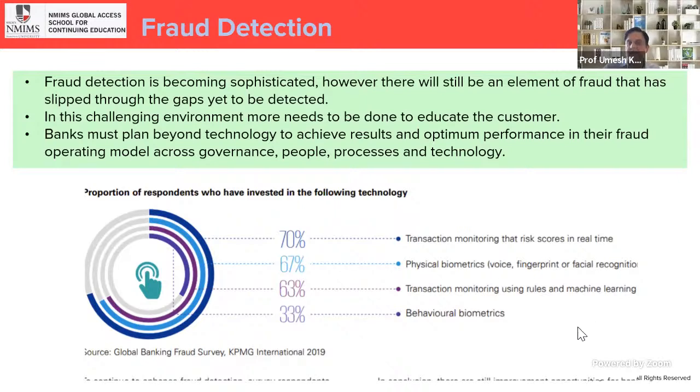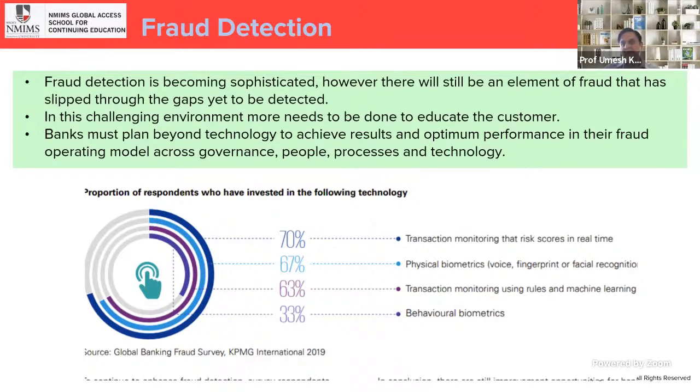So AI and ML and the related algorithms that you write are being used by organizations globally. And about 33% look at transaction behavior and monitor that behavior along with the related customer information to be able to detect and prevent fraud. Of course, this is more than 100%, which means a combination of these is being used by banks to fight fraud and prevent it from happening in the future.